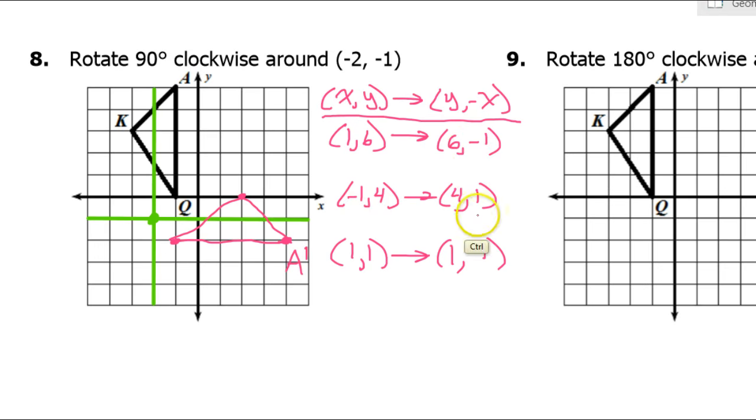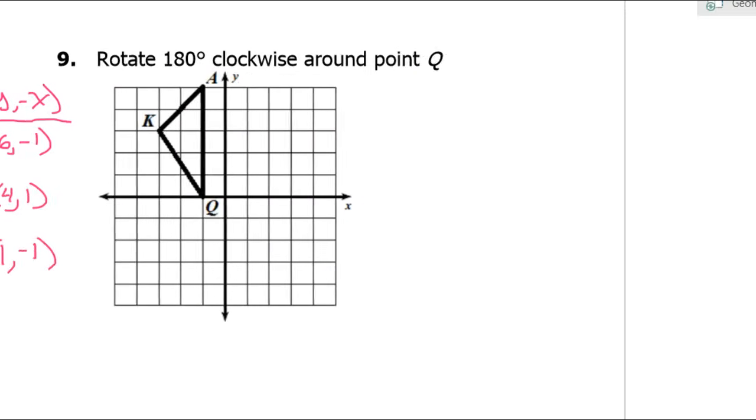Then I did K. Okay, so this is K prime. That means this one must be Q prime. All right, and that's how you do a 90-degree clockwise rotation around the point negative 2, negative 1. All right, let's keep going.